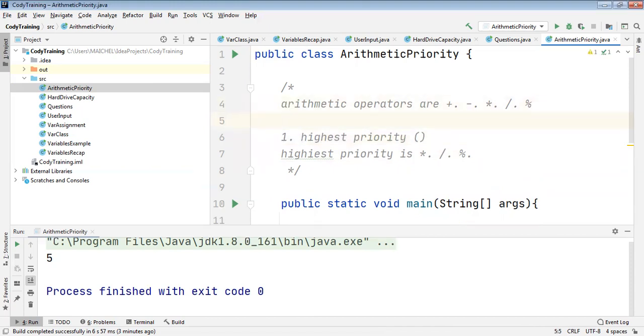Let me make it more arranged. So this one is the highest, which is equation in between brackets.